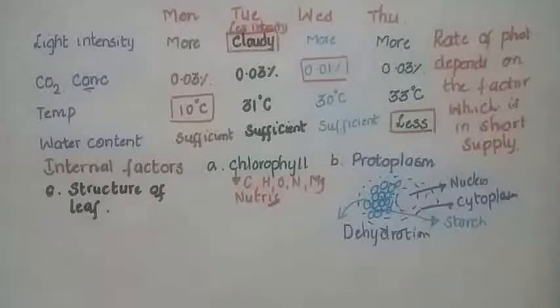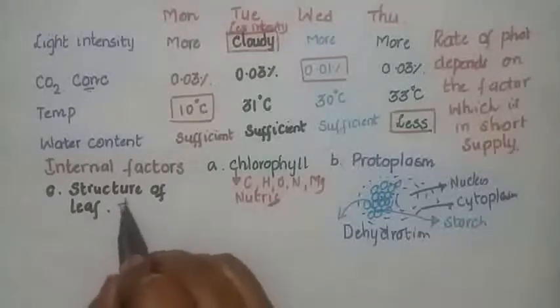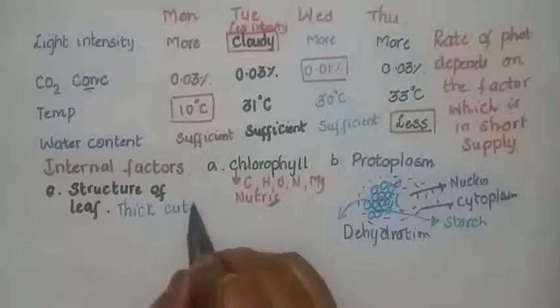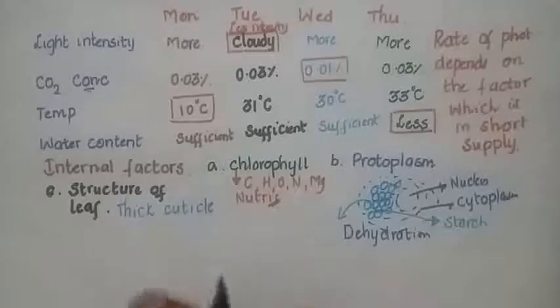And then moving on to the structure of a leaf, I think you can guess, children, if there is a thick cuticle, okay, the cuticle must be transparent. If the cuticle is very thick, the absorption of sunlight is affected, which reduces the rate of photosynthesis.